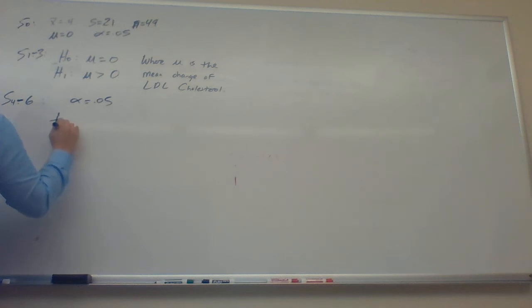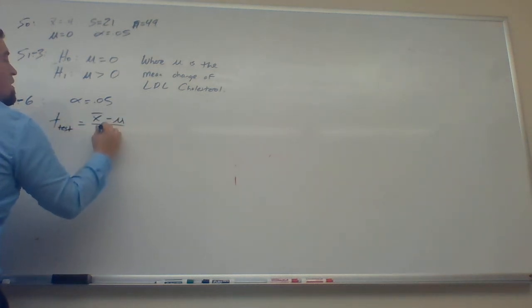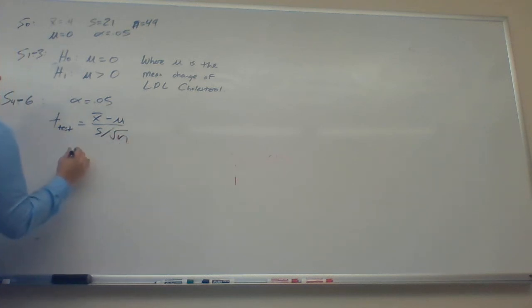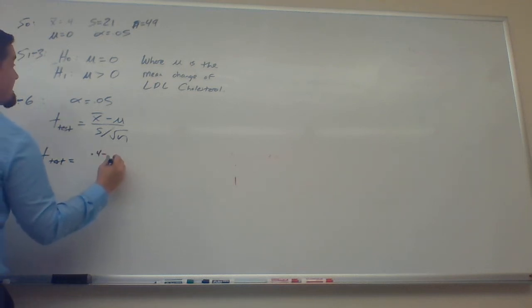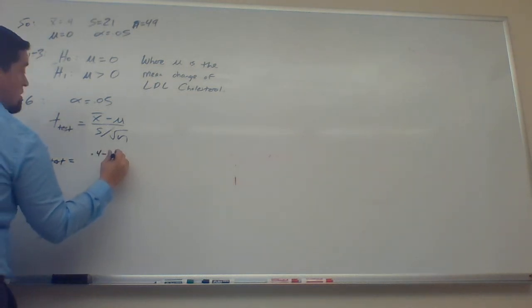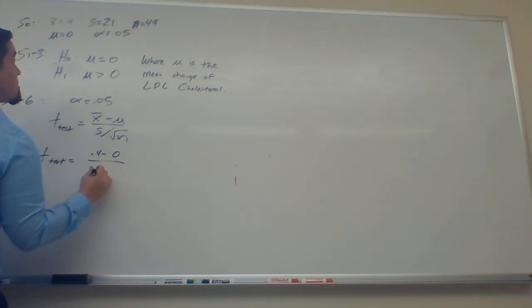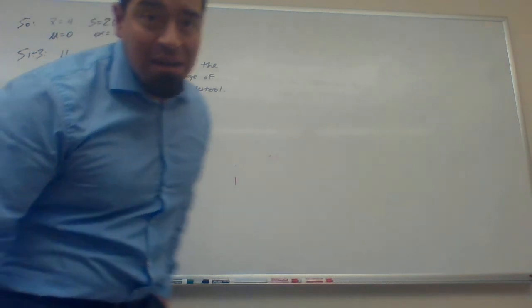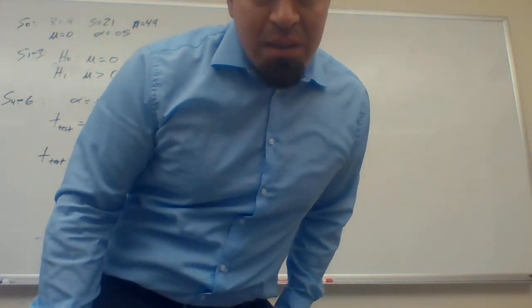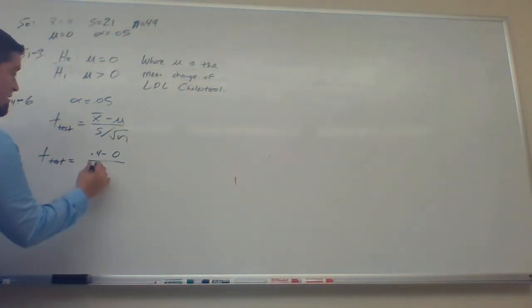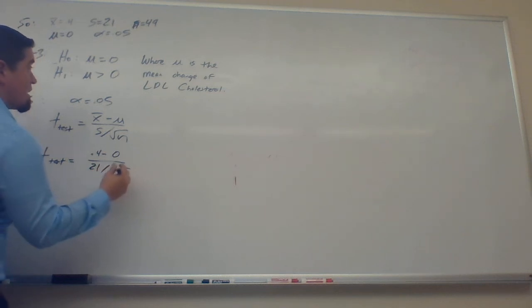Steps 4 through 6, alpha is 0.05. The test we're using is the same test we've been using in this video, x bar minus mu over s divided by the square root of n. Go ahead and plug that in. You get 0.4 minus mu, which is 0, over s, which is 21, the standard deviation, divided by the square root of 49.